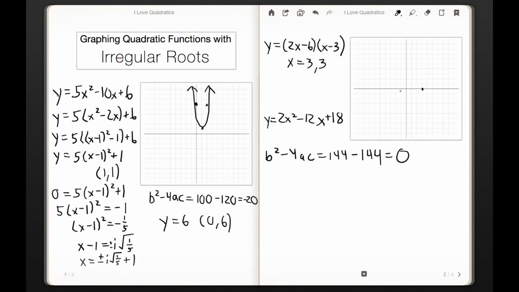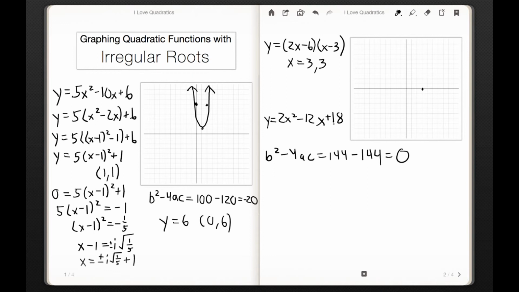To make it easier to graph, we could again go to the y-intercept to help us graph. So the y-intercept being what is y equal to when x equals 0 on this y-axis. And we can easily substitute x equals 0 into this equation.